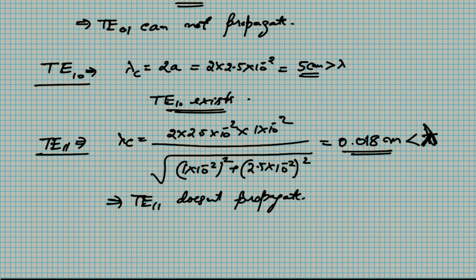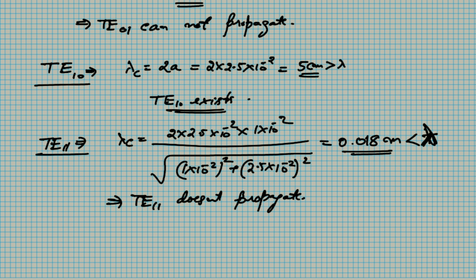Okay. So if you remember, the modes which propagate can be found. This is what we are solving only for the TE, correct? Right. So we need to find the similar concept for TM as well, correct?